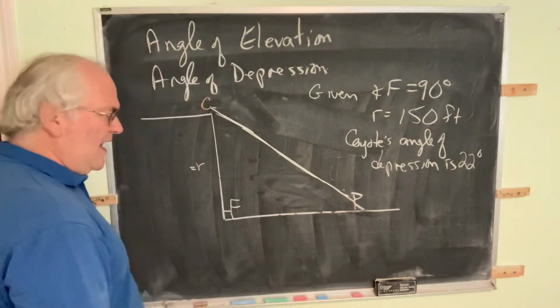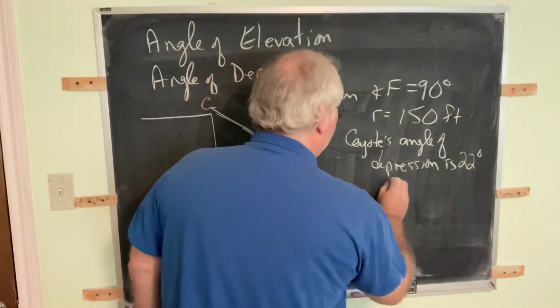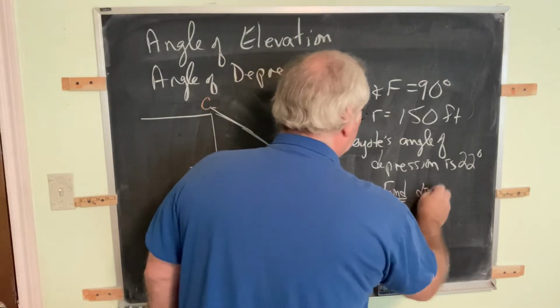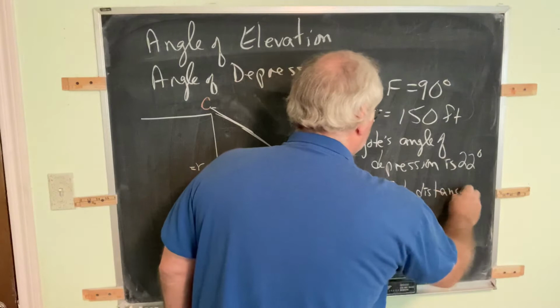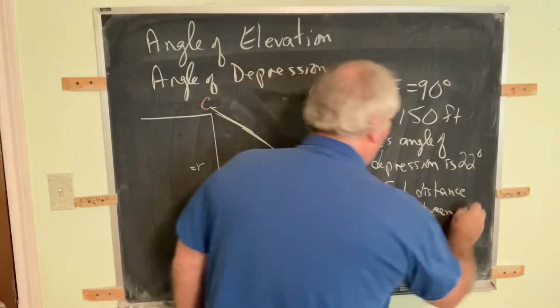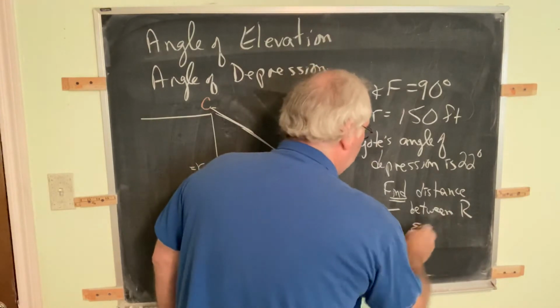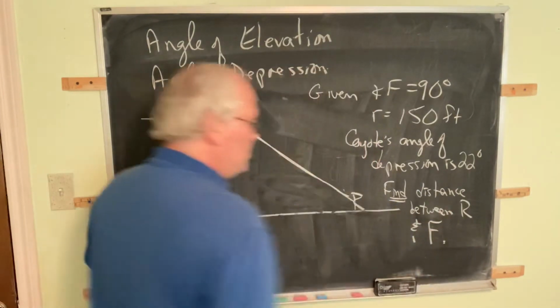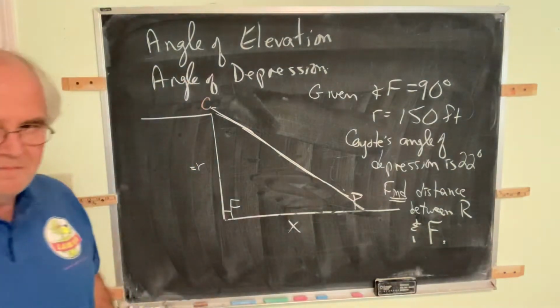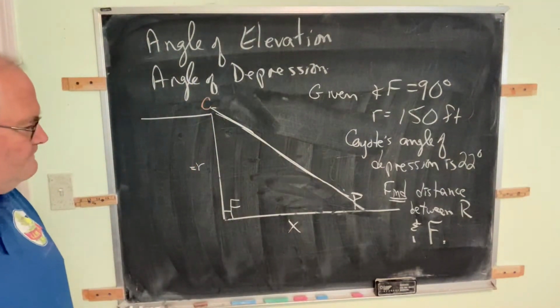And let us find the distance between the roadrunner and the food. Let's just call that X. That's what we're looking for.